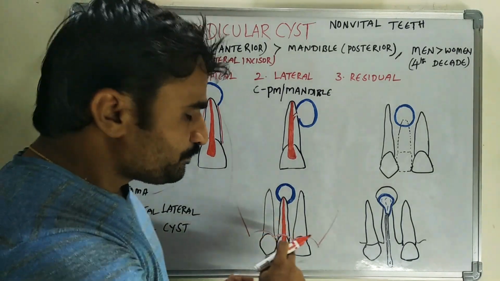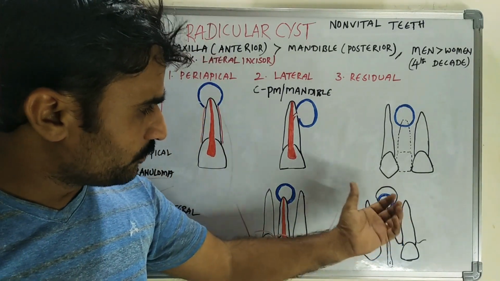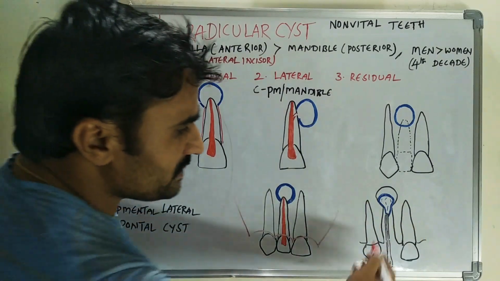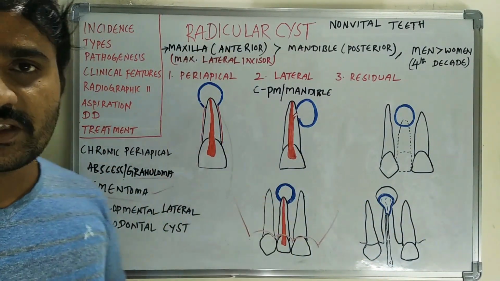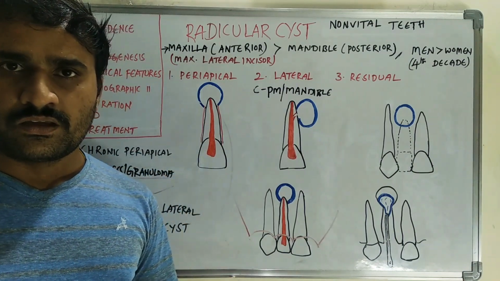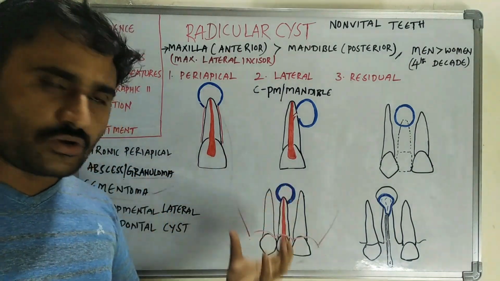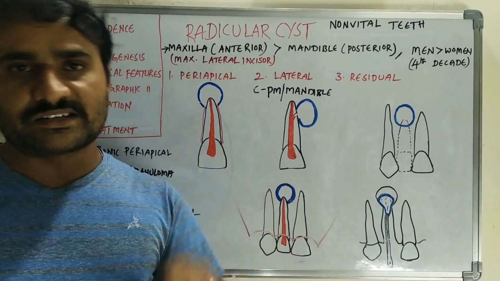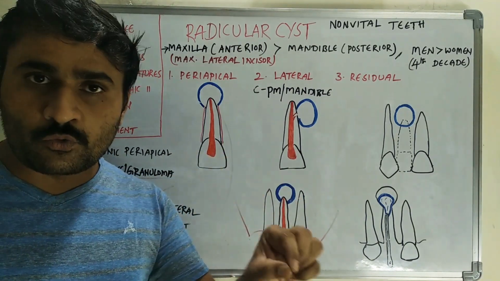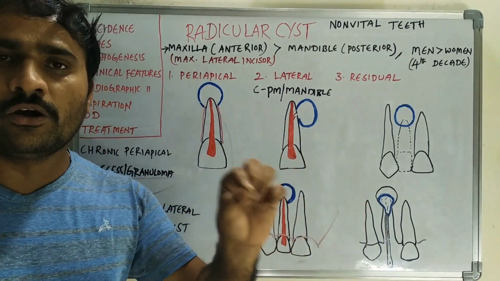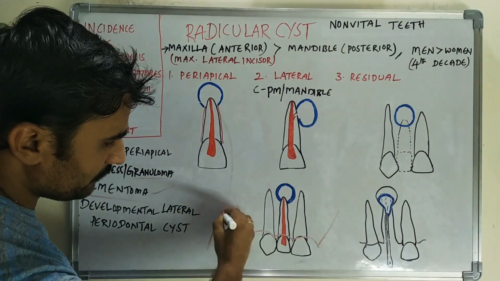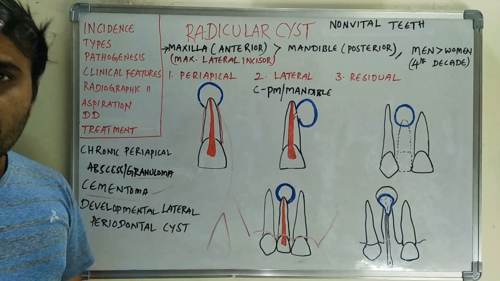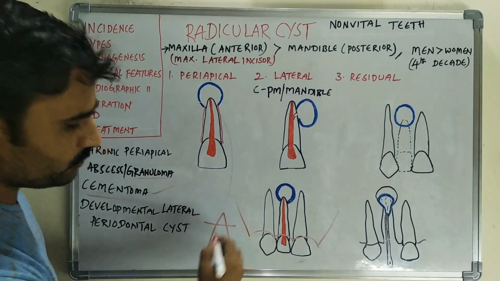and you can enucleate the cyst lining through this extraction socket only. There is no need to take this clavicular incision on the buccal side. And in some cases, after enucleation, you can do the apicectomy also. If you are going to retain that tooth, you have to go for apicectomy. Apicectomy is nothing but, if this is the root, cutting the apical third of the root.